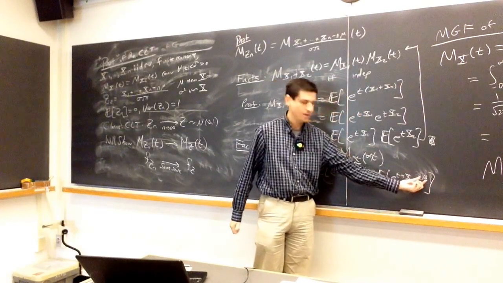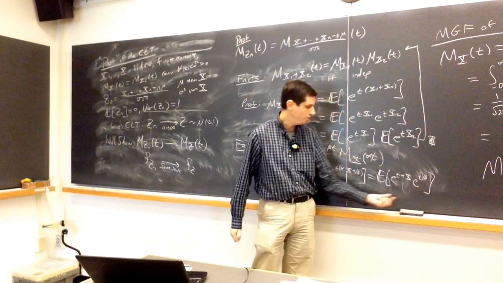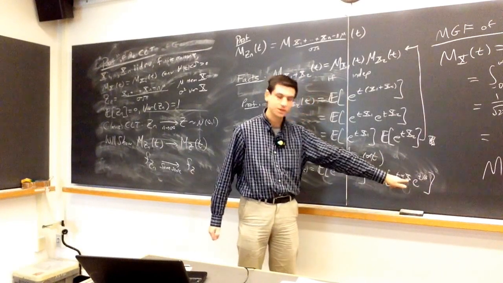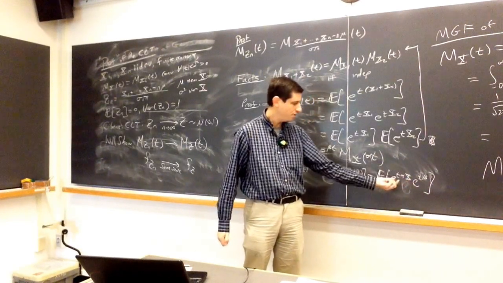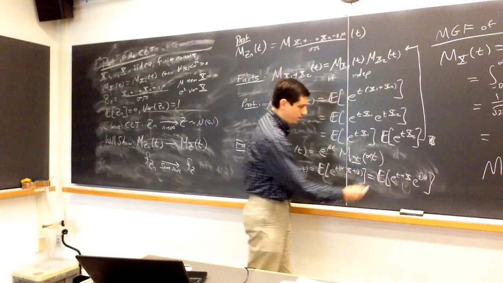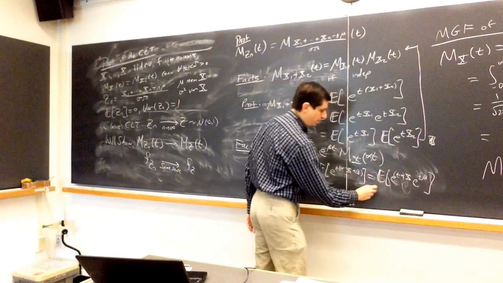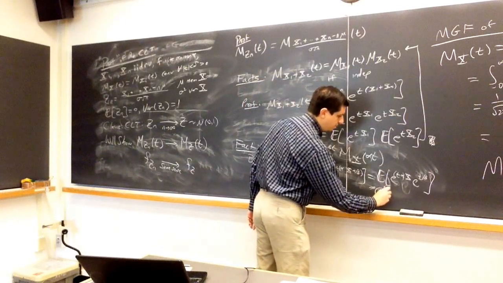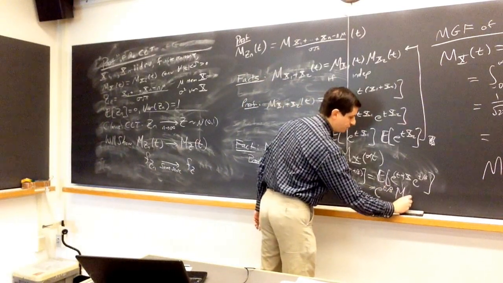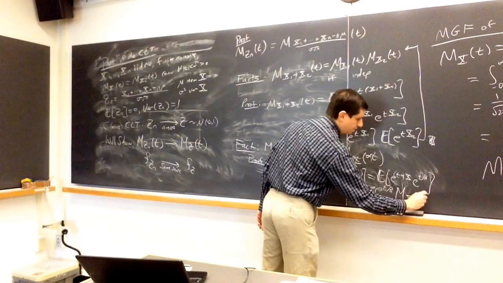Does this have any x dependence? We can pull this out. And this looks like the moment generating function of x, but not evaluated at t, evaluated at t times alpha. And so when we pull it out, we'll get e to the t beta and the moment generating function of x at alpha t.